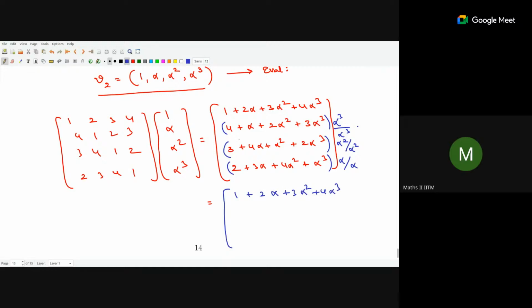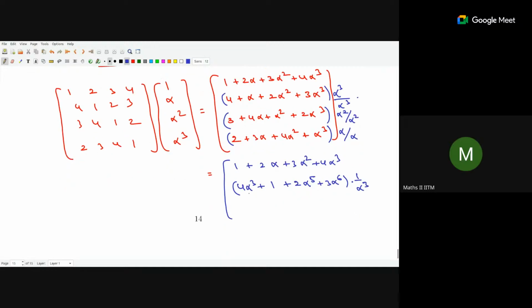The second entry will be 4 alpha cube plus 1 plus 2 alpha power 5 plus 3 alpha power 6, multiplied by 1 by alpha cube. Okay, you see that?